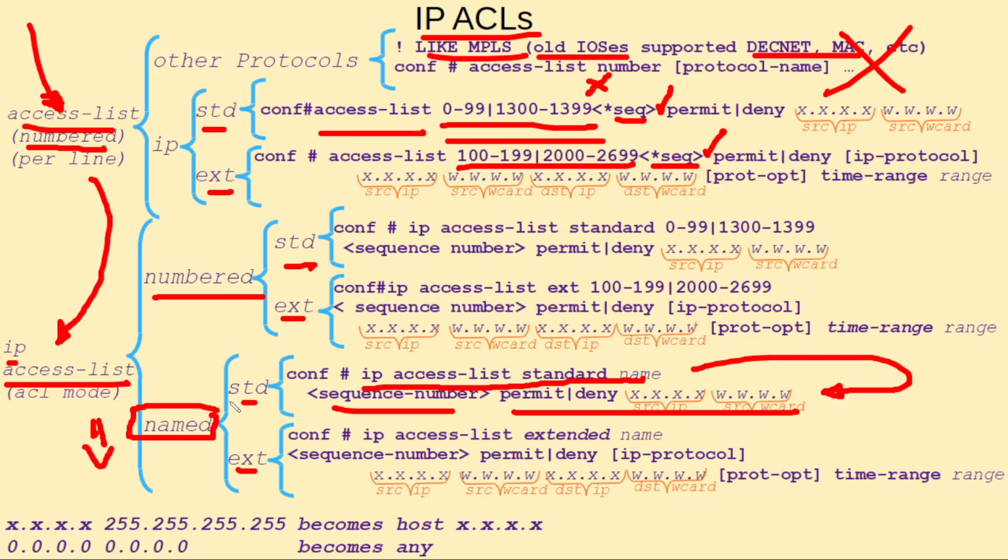And the other advantage is that this command has always made available the possibility to add a sequence number to our entries. As a final note, let's remember that we can use the host keyword in order to avoid typing this, and we can also use the any keyword in order to avoid typing all of these.